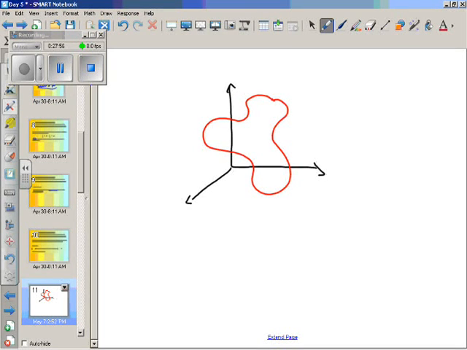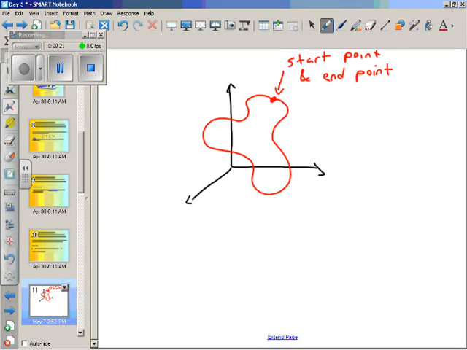So that's a closed path. That's our start point and our end point. Okay, so that's all a closed path is. We can think of it just like a loop, if nothing else.